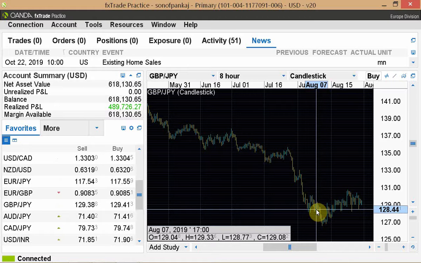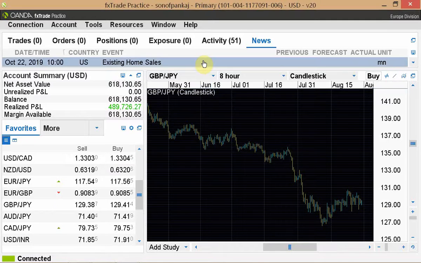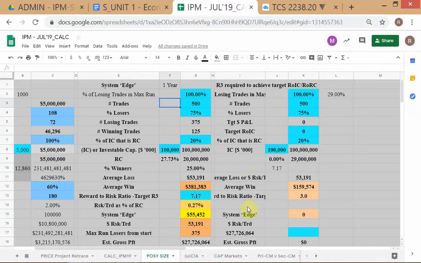Go ahead. Sir, where is this value written in the calc file? When we multiply the probabilities also. Which one are you talking about? When we calculate the system edge. Are you talking about the doc or the sheet? The sheet, the calc file.